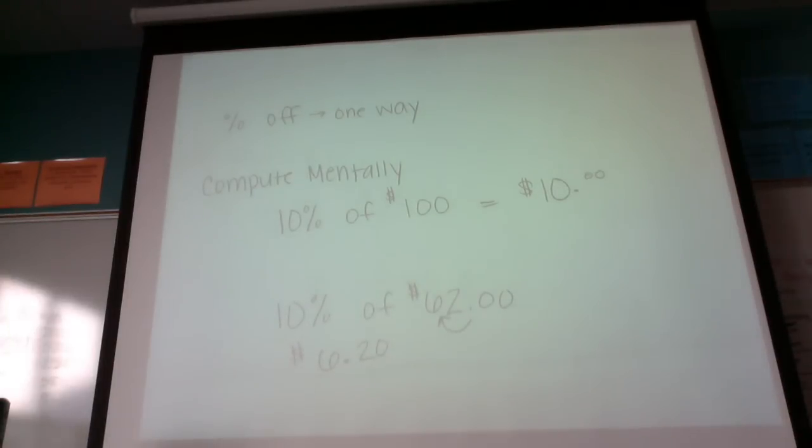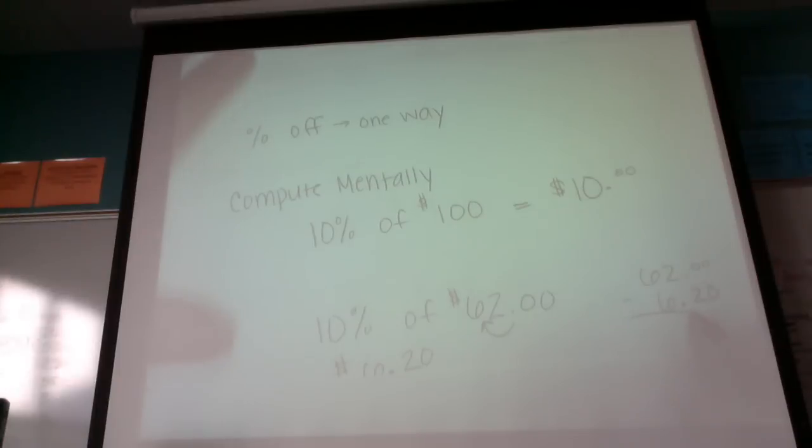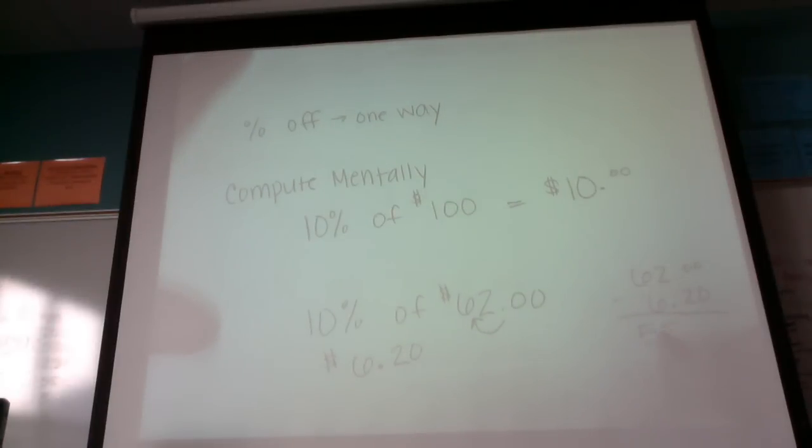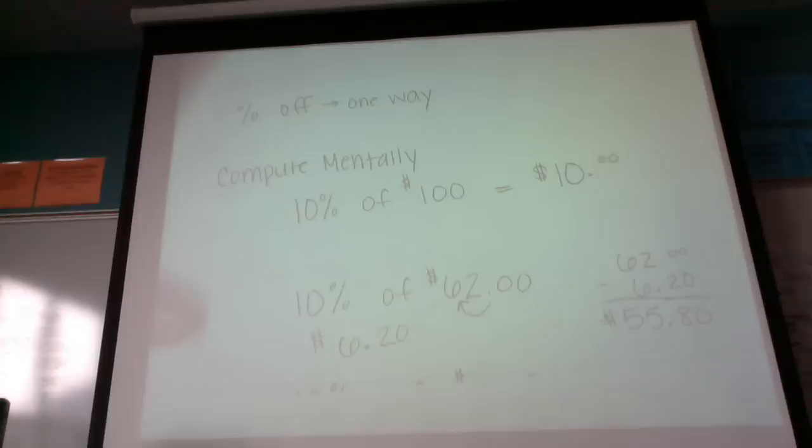If I'm looking at how much off, if it's 10% off of that, I would have to take that $62 and subtract $6.20 to get the new amount. So if I wanted to figure out what 10% off was, I'd have to subtract those and I'd end up getting $55.80 as my new amount. So if you're taking the percentage off, you then have to subtract it at the very end.